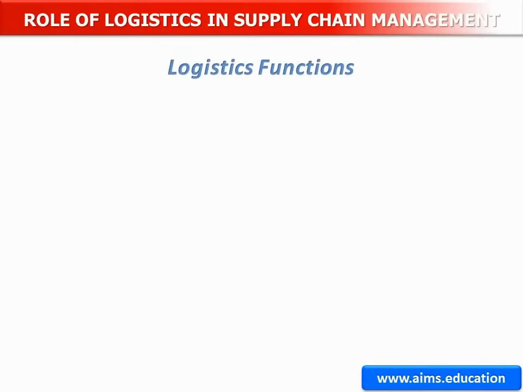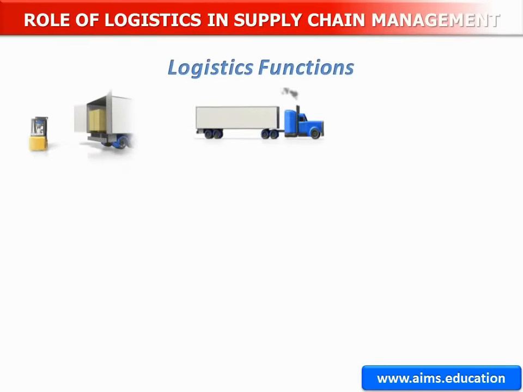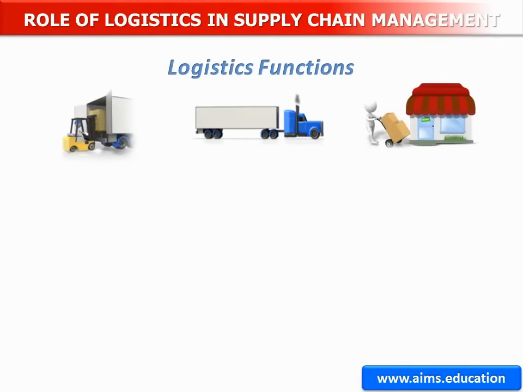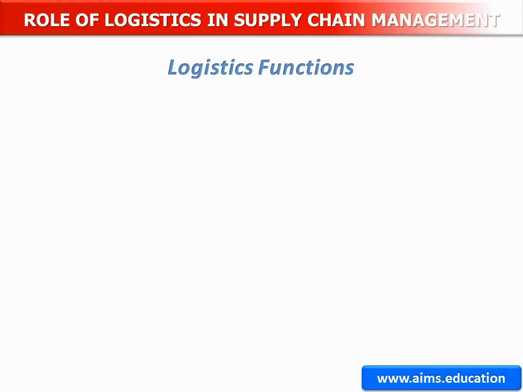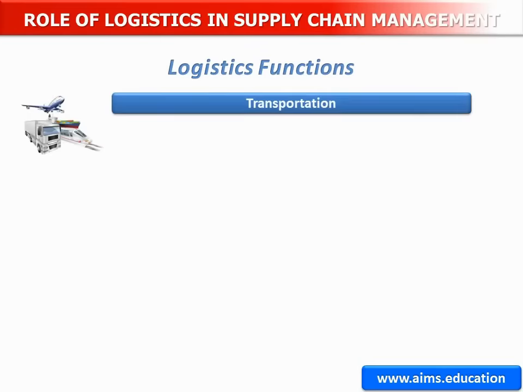Logistics functions. Logistics is about moving materials or goods from one place to another. The following areas of logistics management contribute to an integrated approach to logistics within supply chain management. Transportation.